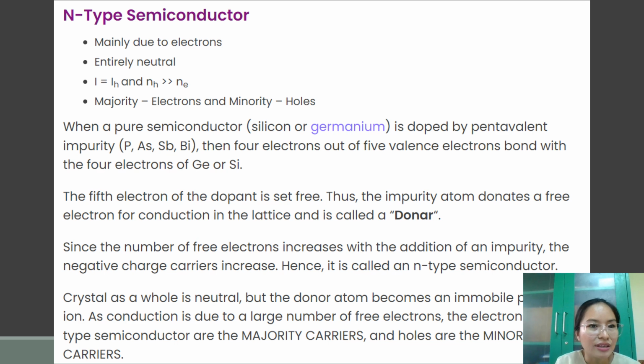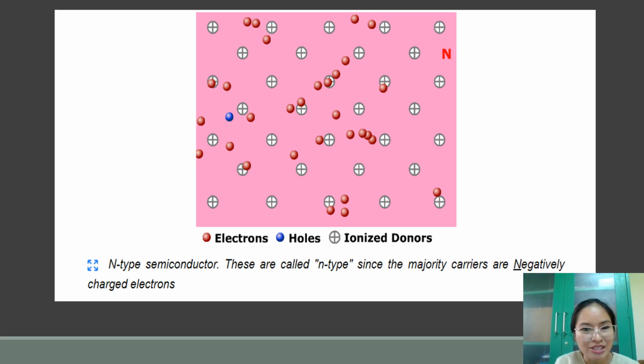So again, N-type because of increasing negative charge carriers. Much like this one, the color red are the electrons, which you can see there are more red circles over blue circles. So more negative electrons.